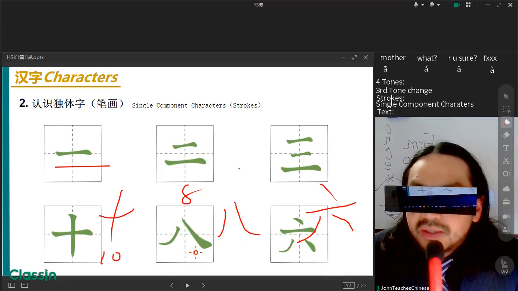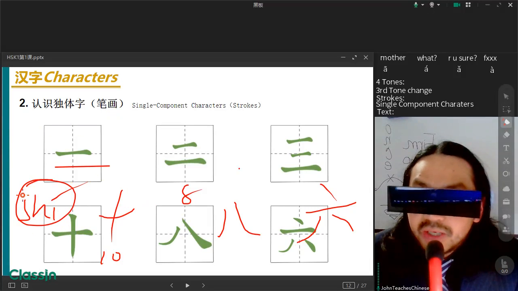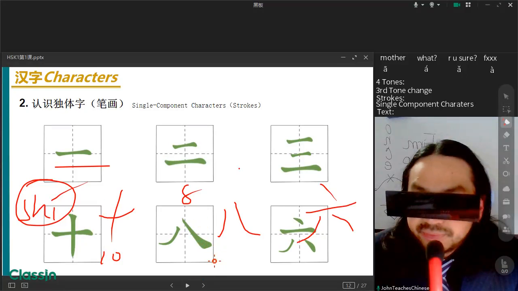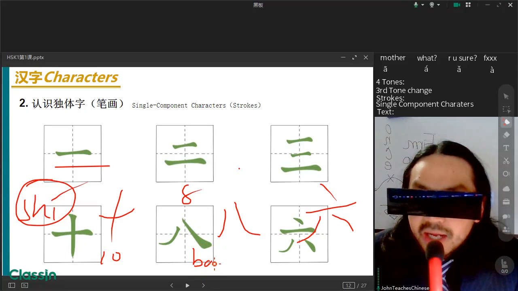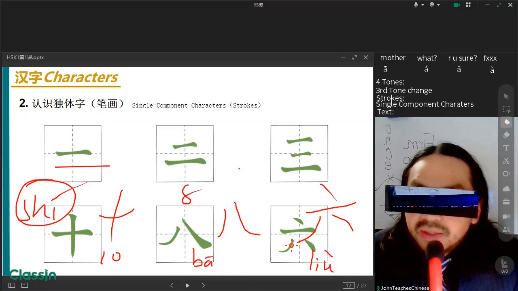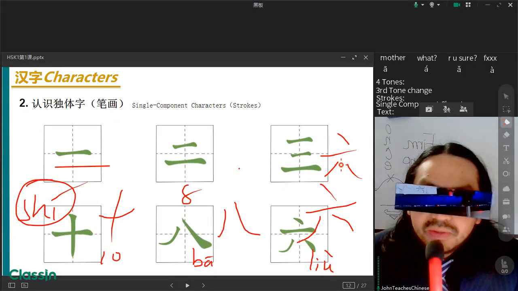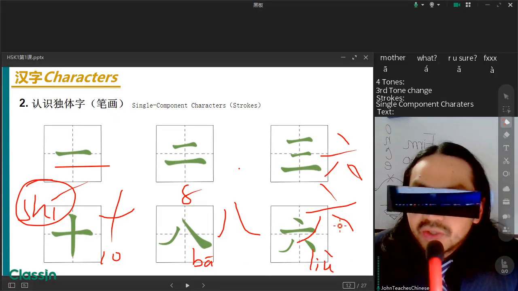Remember how to say it: 十, shí, not sì. 八, eight, 六, six. Here you just need to remember it in this way, and it contains dot, horizontal, left falling, dot. Okay, not right falling.